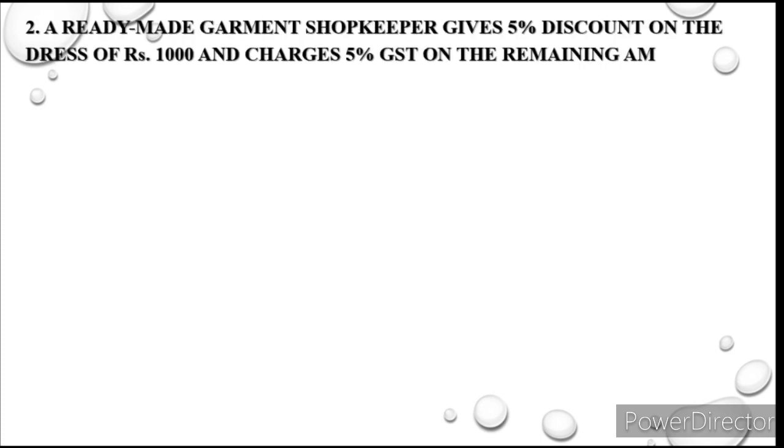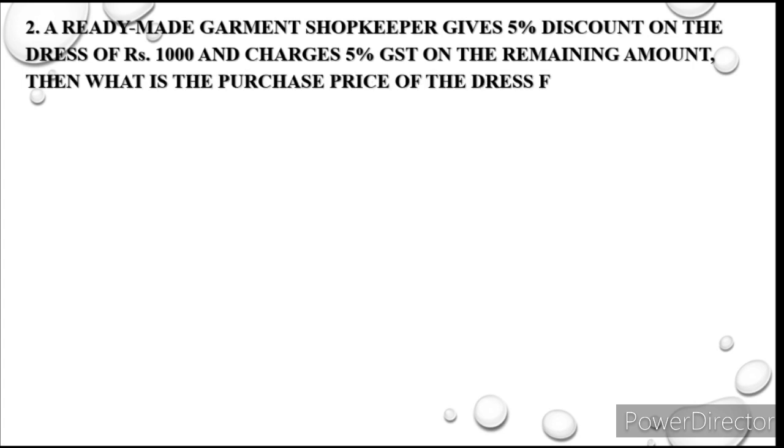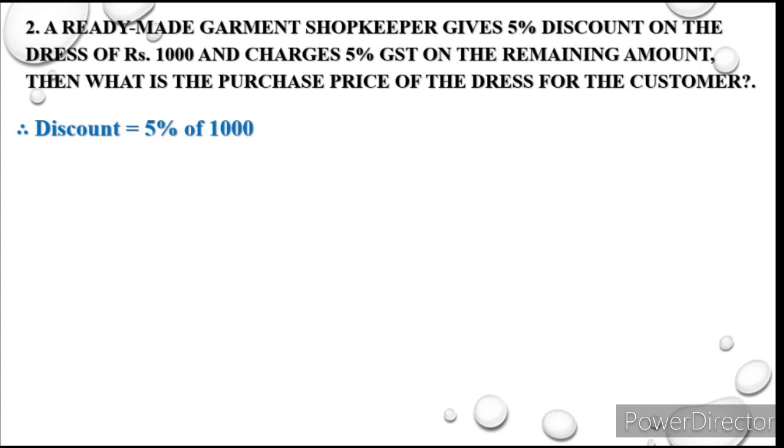Second question is, a ready-made garment shopkeeper gives 5% discount on a dress of rupees 10,000 and charges 5% GST on the remaining amount. Then what is the purchase price of the dress for the customer? First we will find out how much discount he has given. Discount is equal to 5% of 1000. 5 upon 100 into 1000 is equal to 50 rupees.